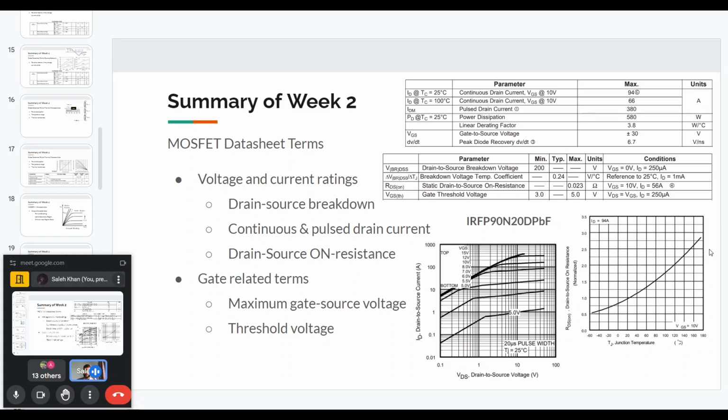So that means at 25 degrees centigrade, the value of the drain source resistance is 0.023 ohm. And then as the temperature increases, the RDS will also increase. So for example, at 120 degrees, the RDS will become almost double. So it is twice the initial value, which is 0.023 ohms.